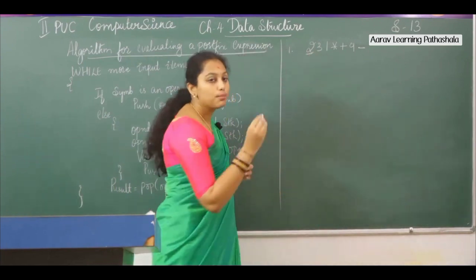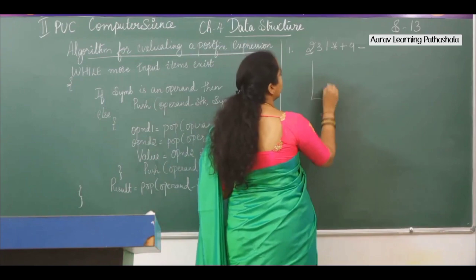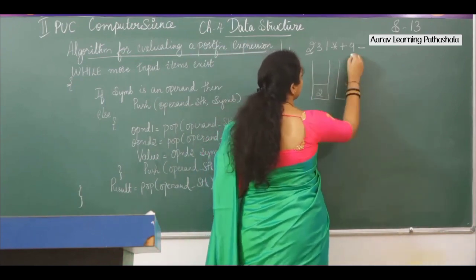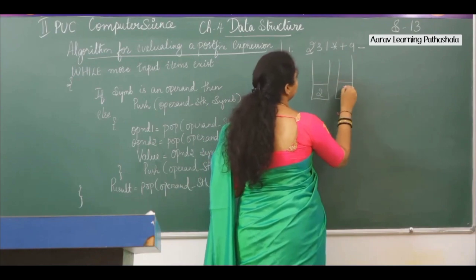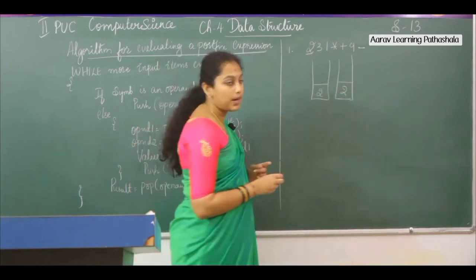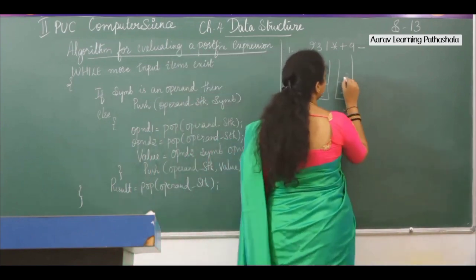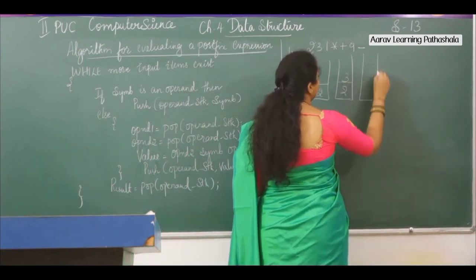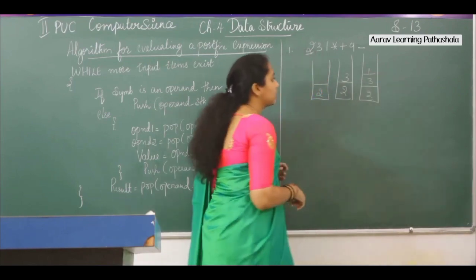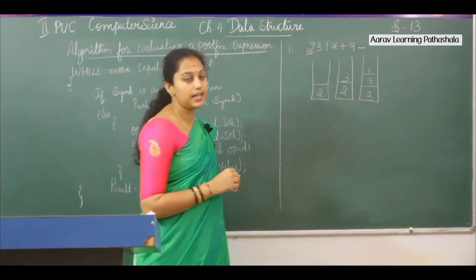I am going to push it into the stack. In the next step, the second element is also an operand. I am going to push it into the stack. In the third step, it is also an operand. So I am going to push it into the stack.